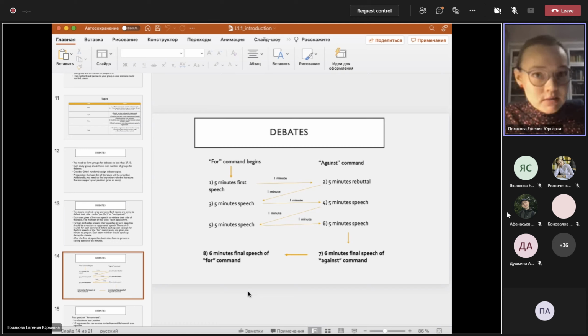So your colleagues, other students who do not participate in the debate, can ask some questions about different sides of the problem. Again, first we have speeches from the comments, and then we have questions from the auditorium. Or there may be no questions, for instance. It depends. So we have time for questions from your colleagues if they want to ask something about your position.